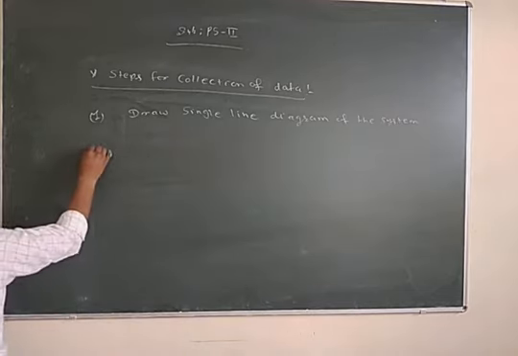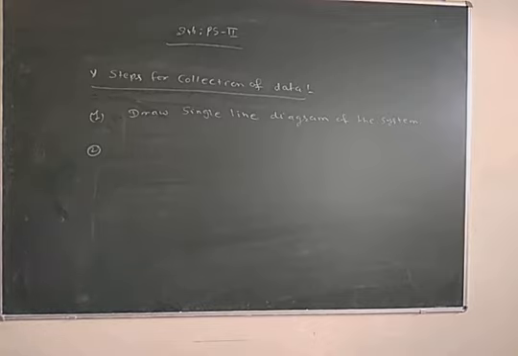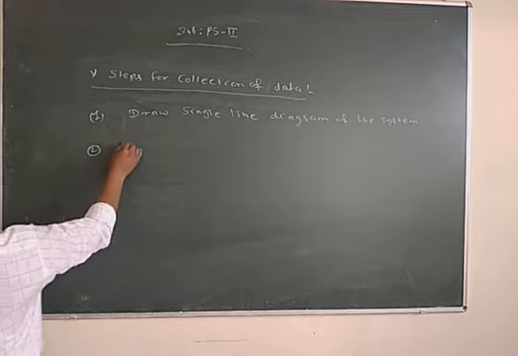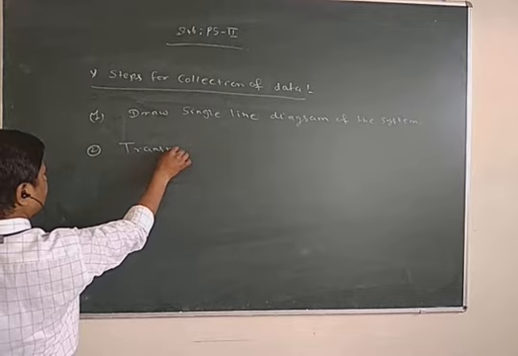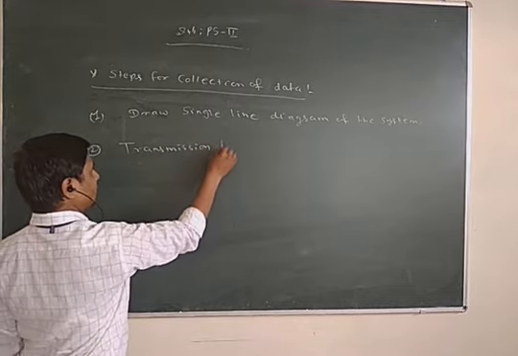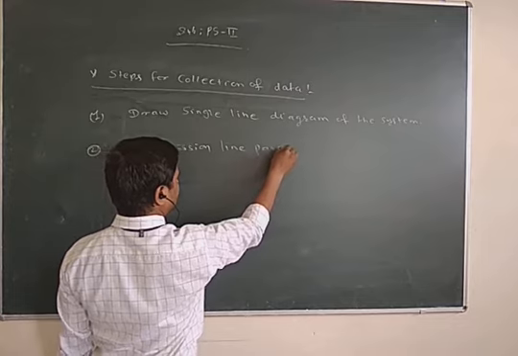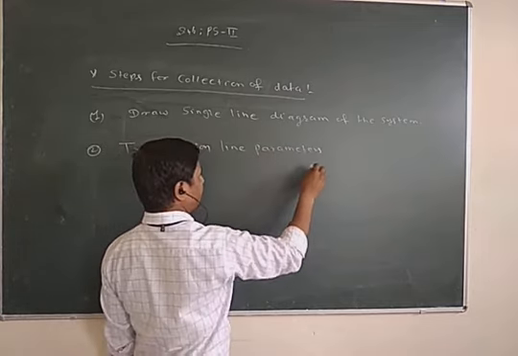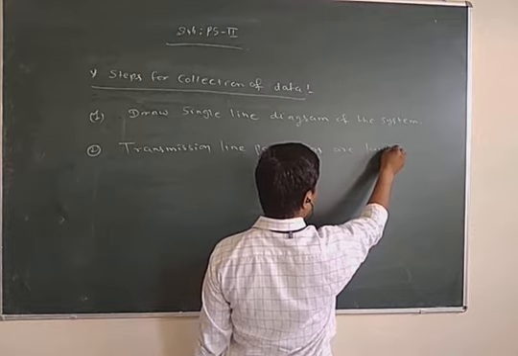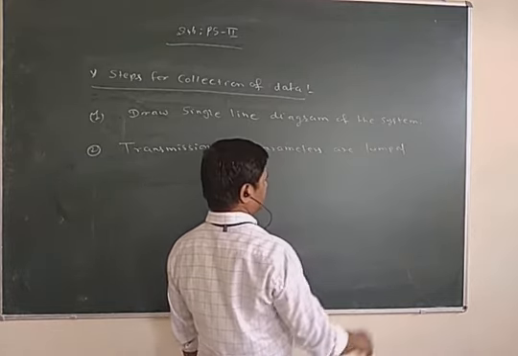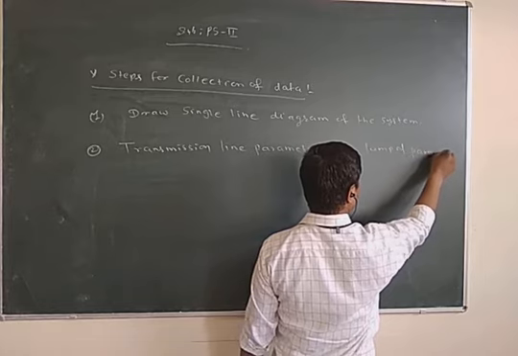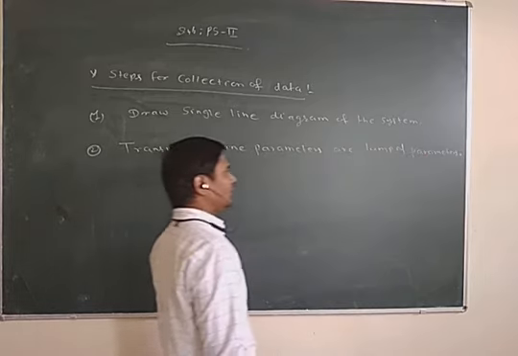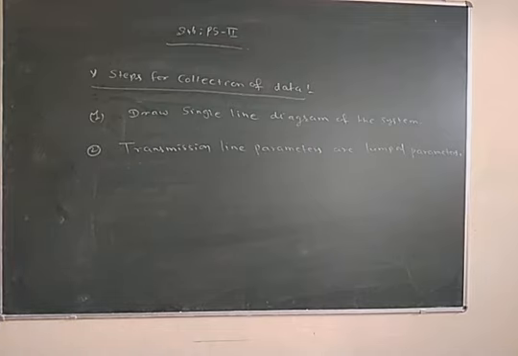Second, transmission line parameters are lumped parameters. It means we have to include inductance and capacitance effect of the line.